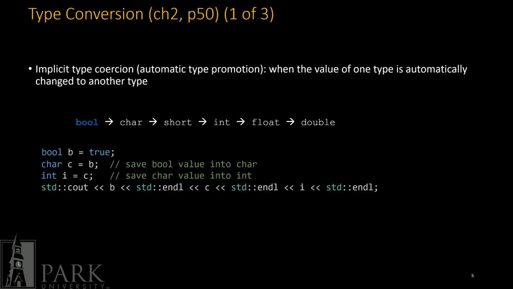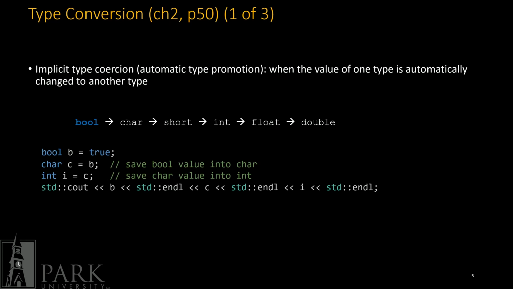So in the following code, the true value is stored as 1, and so B will be promoted to a char value. Okay, and then we assign it to the value of C. We then implicitly store C's value as an integer into I, and then print it out.